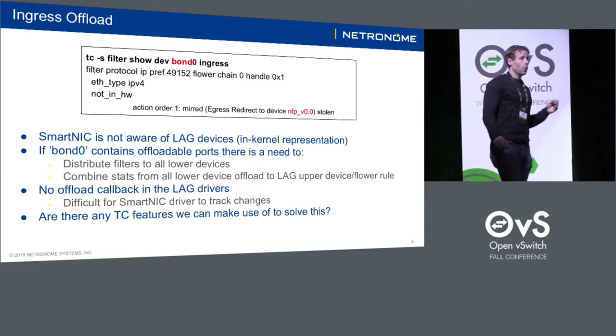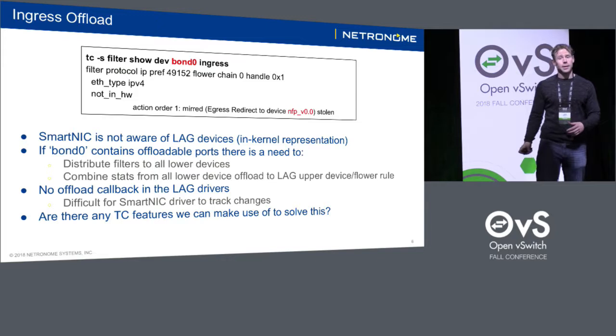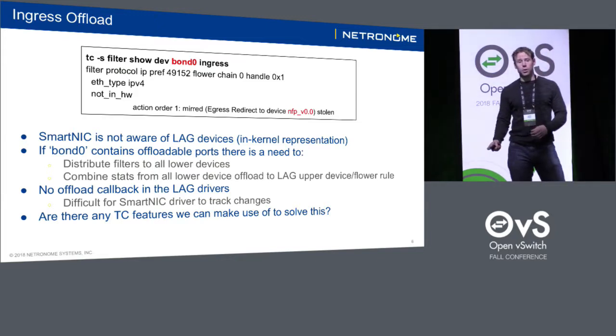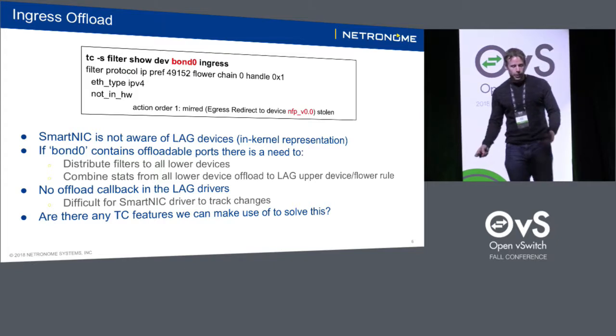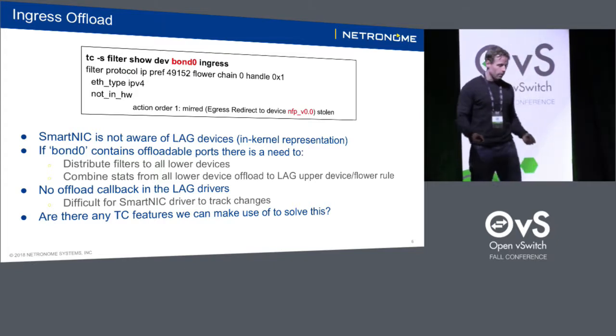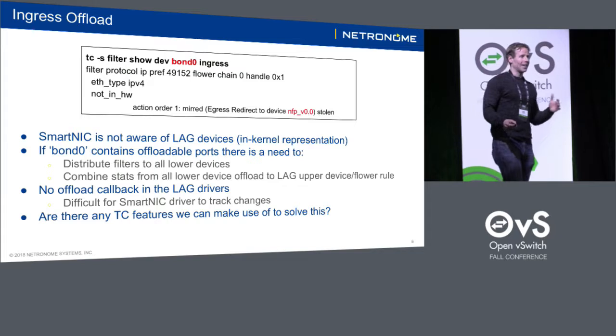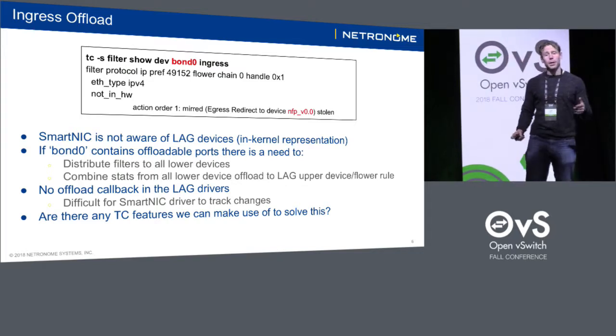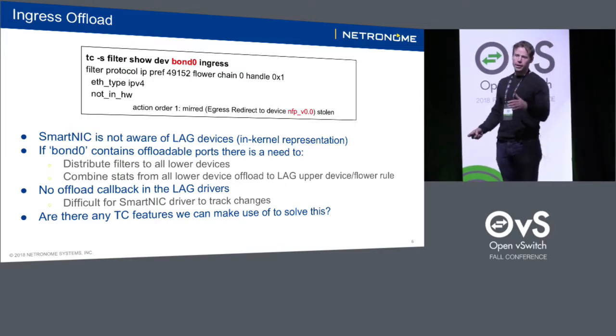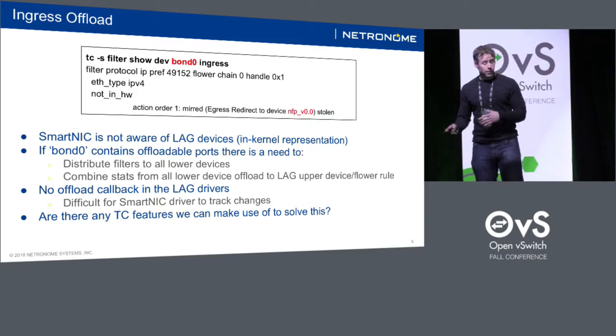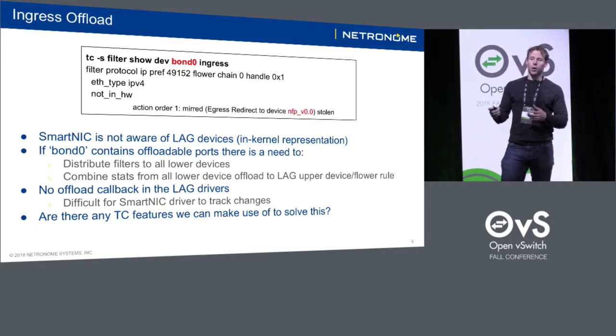The bond and the team driver within Linux aren't going to register for hardware offloads. There's no need for them to do that, and it's not something they do. So we have no direct link from a rule being applied to this kind of upper layer device and the callbacks that our lower layer devices have registered for.